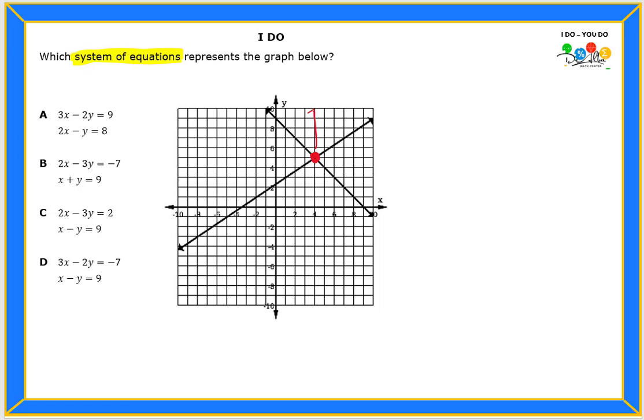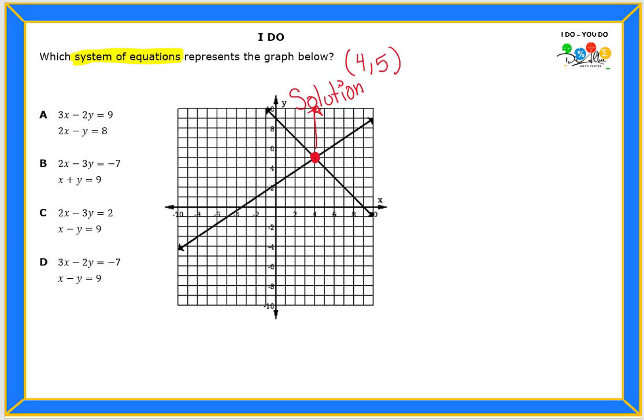But we also call it the solution. So what does it mean by the solution? Well, it means that that point, which I'm going to write down up here, is a 4 and a 5, right?